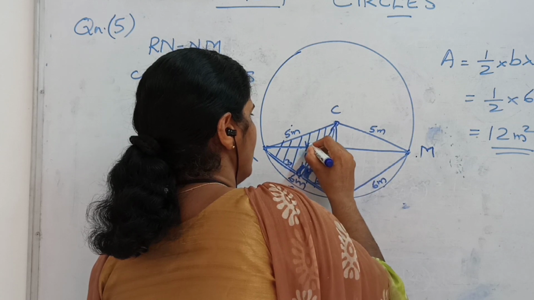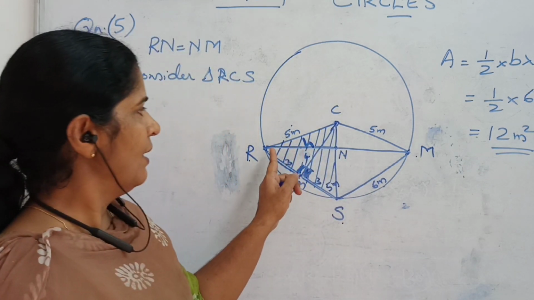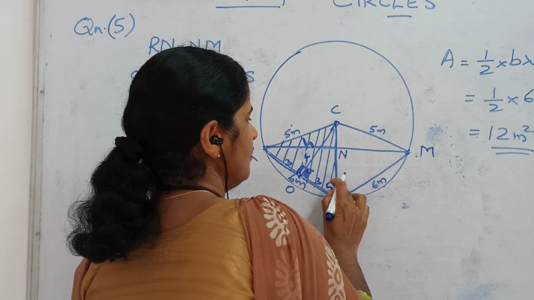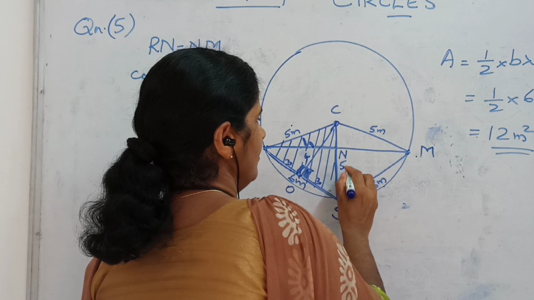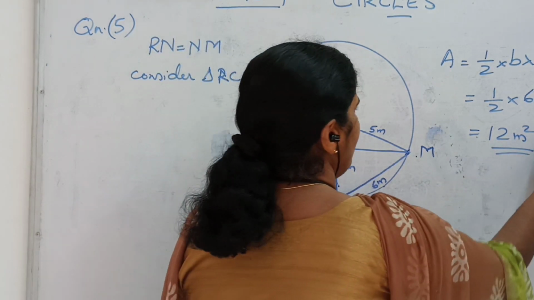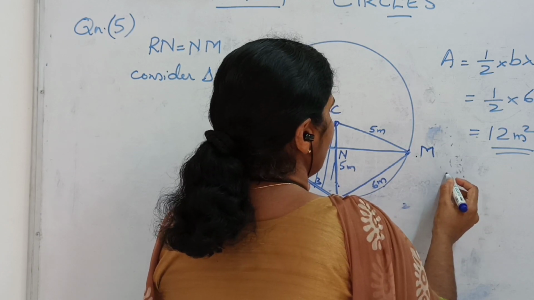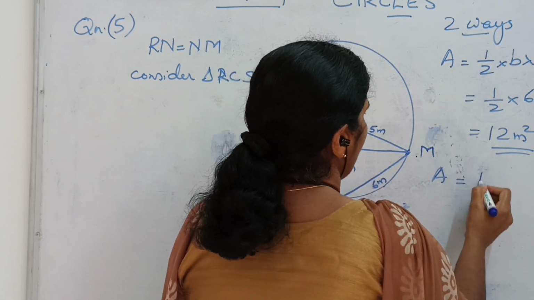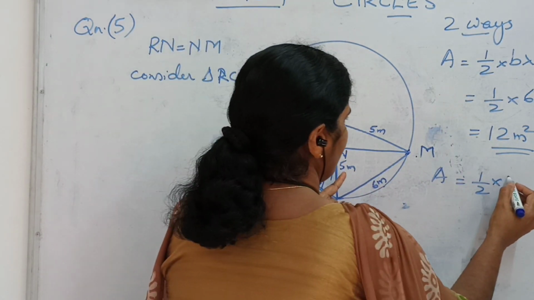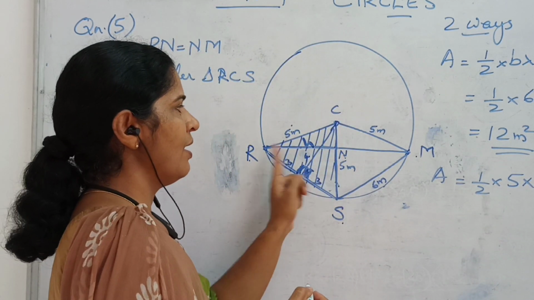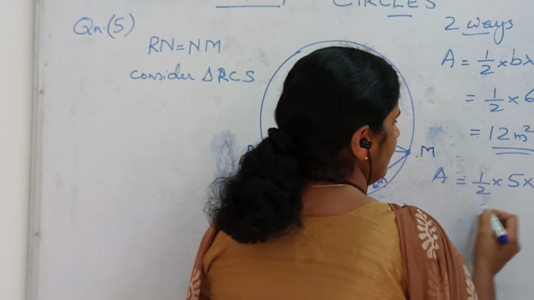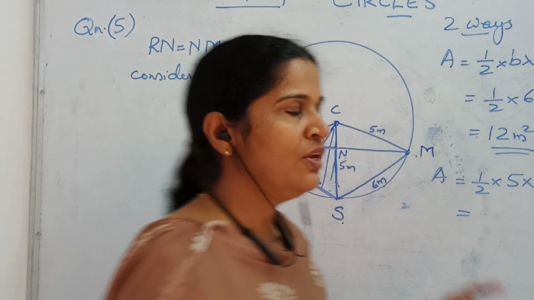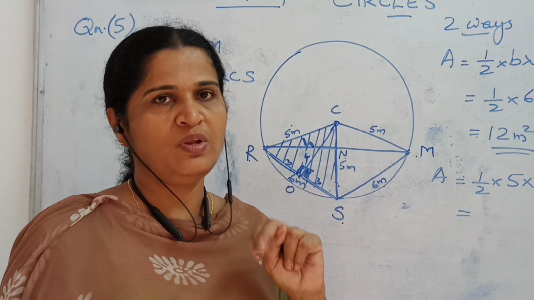Let me write this line as H. The total length of this side is 5, and with this height, the area we already know. In the same triangle, in two ways we are finding the area. Half B H itself: half into 5 as the base, into the height we don't know, that is RN. But we know the answer is 12 meters square because the area of the same triangle will not change.